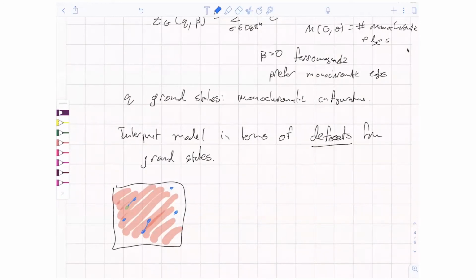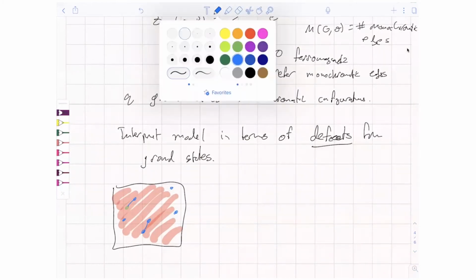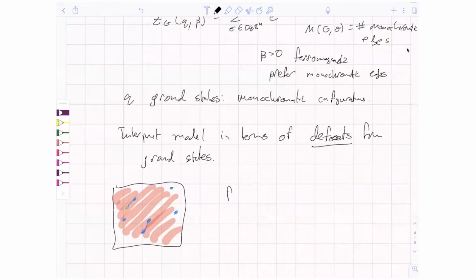And so how do I want to interpret this as a polymer model? My polymers will be connected induced subgraphs colored with non-red colors.